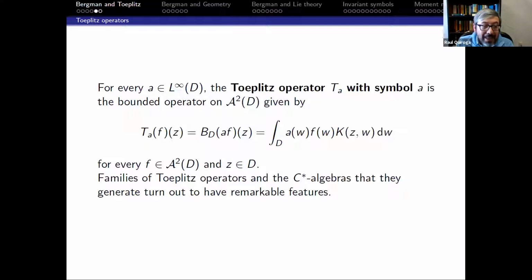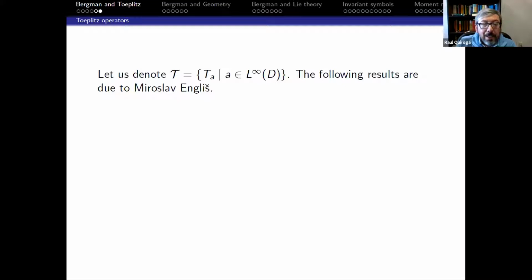Now, the thing is that you can consider families of Toeplitz operators and the C-star algebras that they generate, and this turned out to have very interesting, very remarkable features. Of course, Nikolai already mentioned some of this, and let me mention a couple more. So here I have a bounded domain, the space of essentially bounded symbols, and this T is just the space of Toeplitz operators, not the C-star algebra, just the Toeplitz operators.